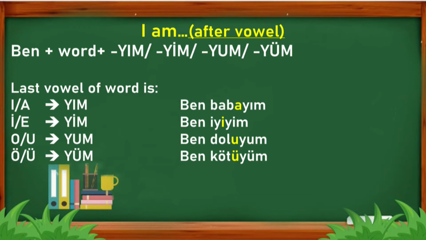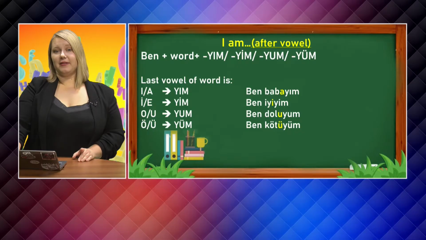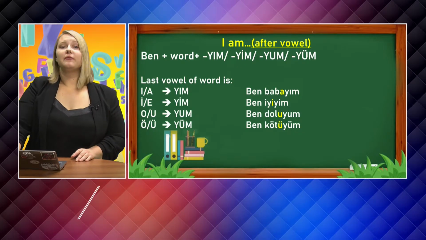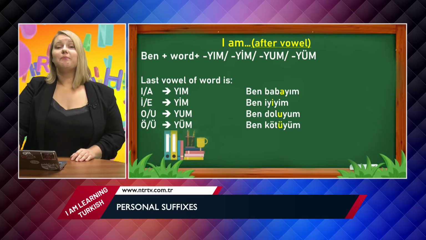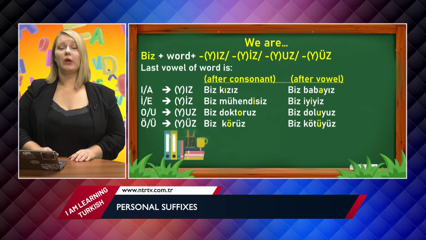And of course, if it's ö and ü, we will add yüm, ben kötüyüm, I am a bad guy. So it wasn't so hard, I think, and we can review what is happening with biz, which is we.